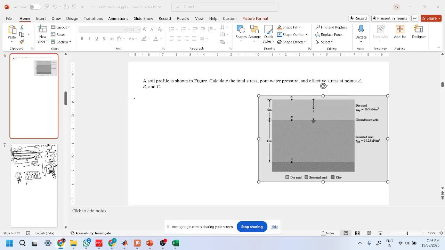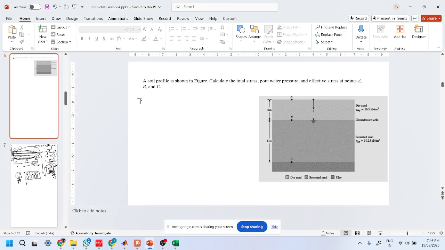About effective stress. Basically, we define stress as force acting over an area. It can be internal, it can be external.